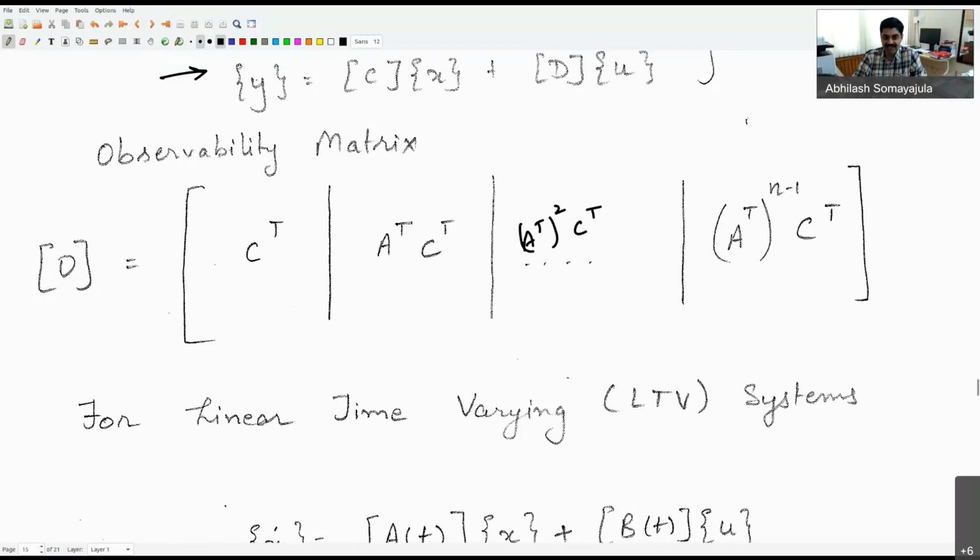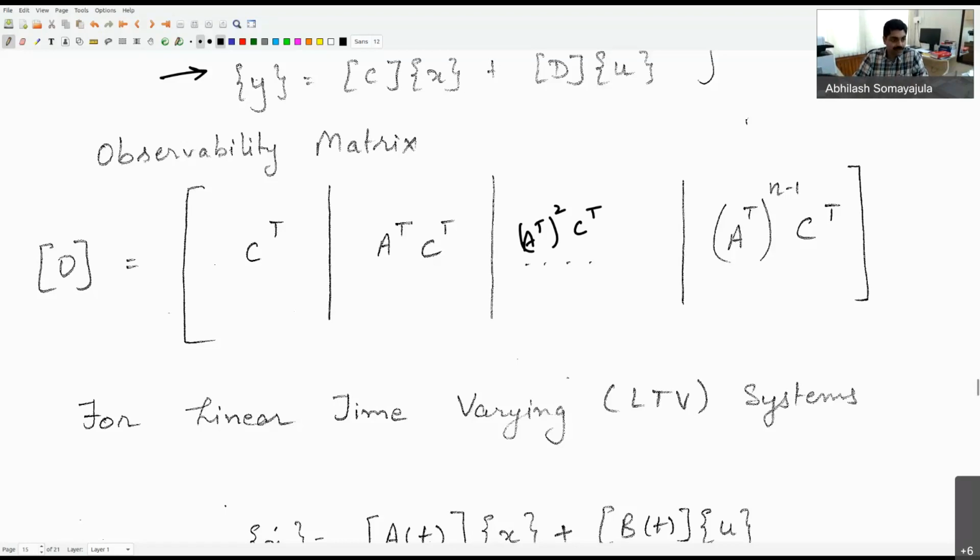Now, once I construct this big matrix, this need not be a square matrix. Okay, give me just 1 second. Sorry about that.